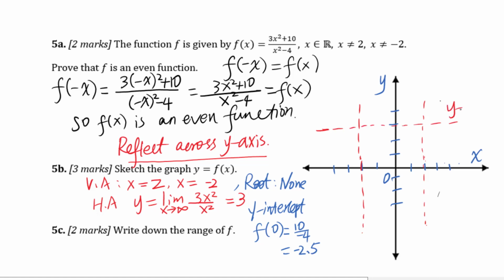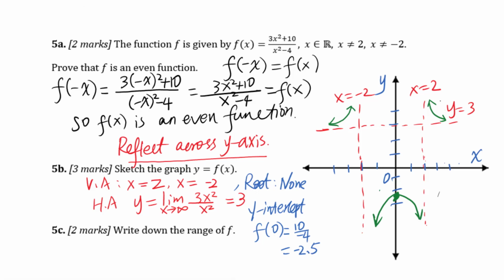So y equals 3 is a horizontal asymptote line. Negative 2.5 is the y-intercept. So we sketch the graph like this. This will be the graph for f of x.